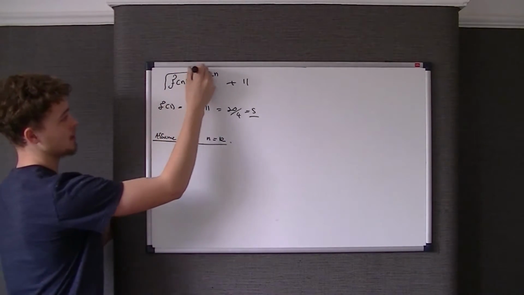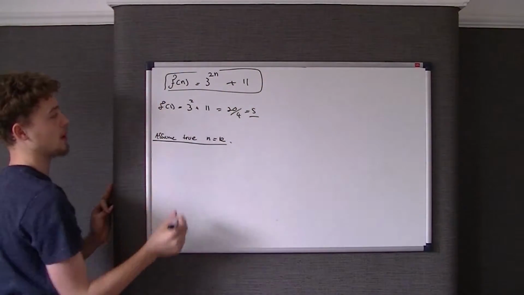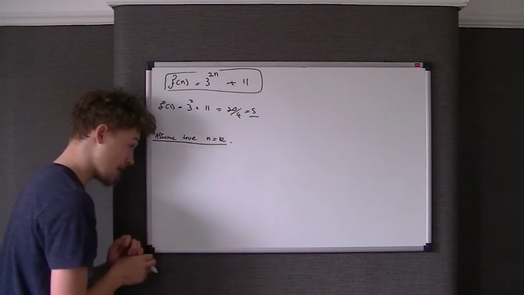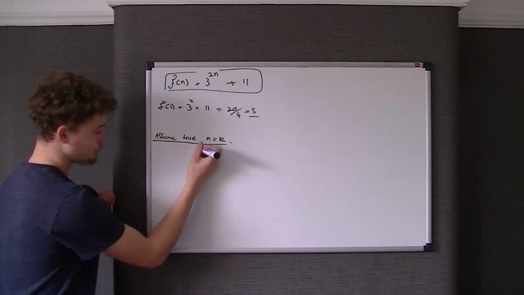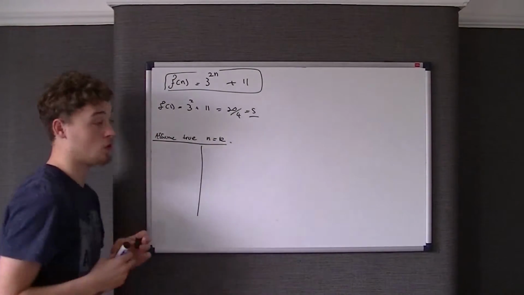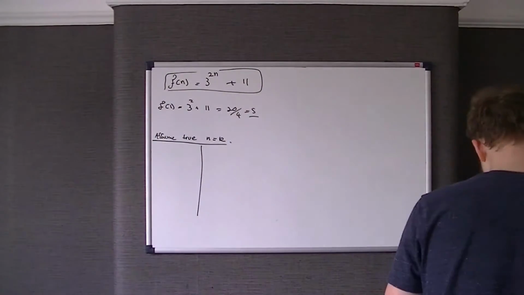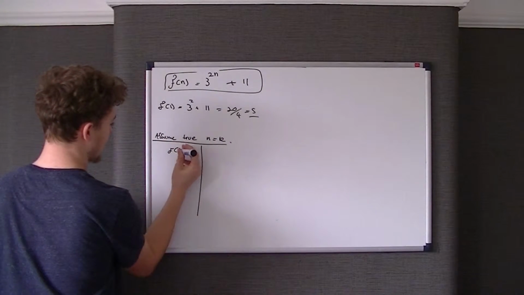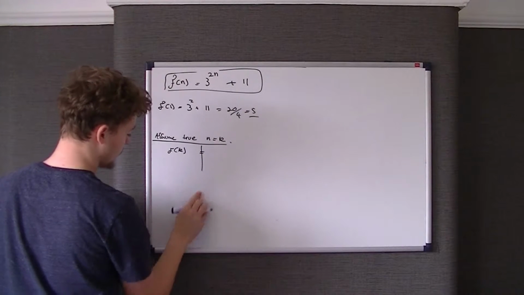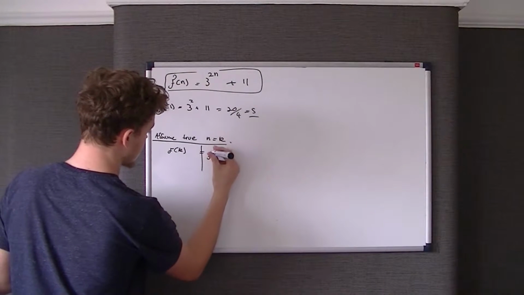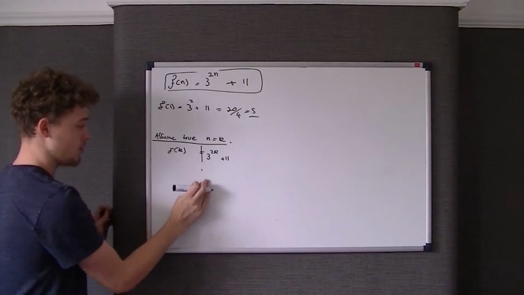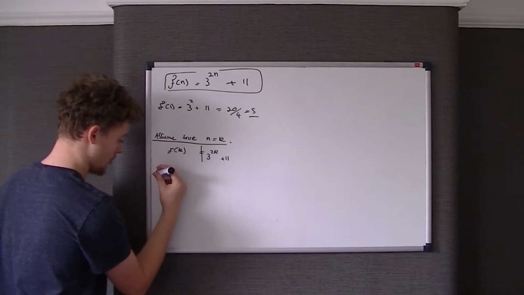Your f(n) is the left hand side and your right hand side is 3 to the power of 2n plus 11. So if you assume it's true for n equals k, f of k is equal to 3 to the 2k plus 11.